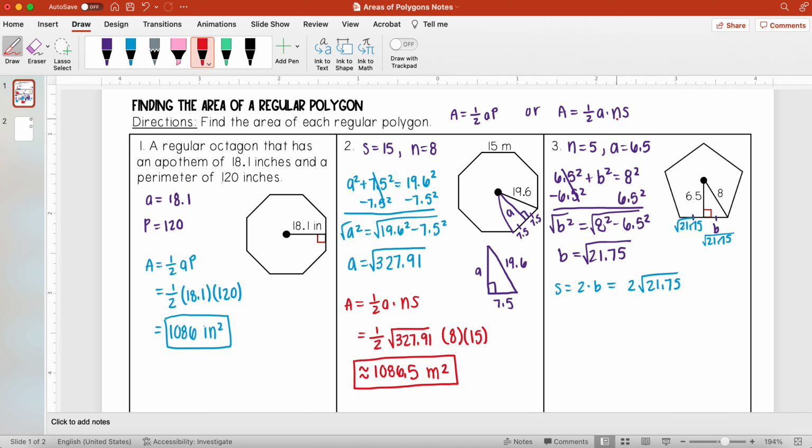And so now that I have A, N, and S, I can find my area. So area is equal to 1/2 A times N times S. A is 6.5, N is 5, and then S is 2 times the square root of 21.75.